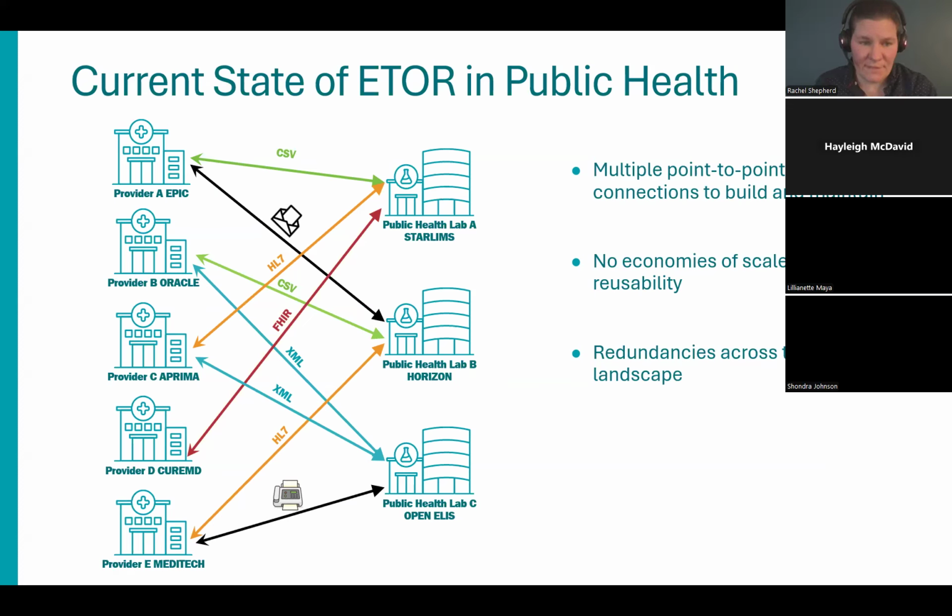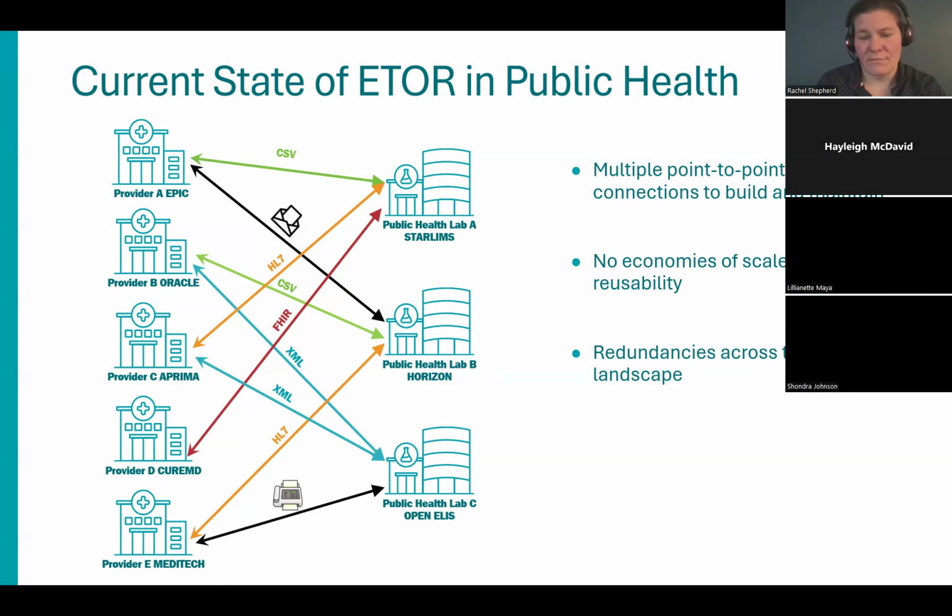What you have here with this little diagram is representing the current state. A public health lab may set up a direct connection with a provider, but they have to do that with every single partner with whom they want to exchange data. These multiple point-to-point connections not only have to be built, but they have to be maintained over time. The work on one can't necessarily be leveraged for the next one.